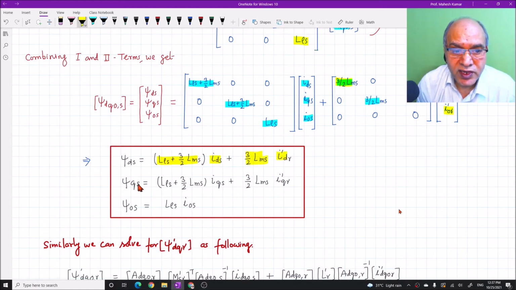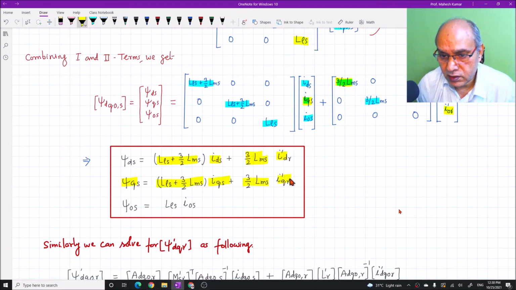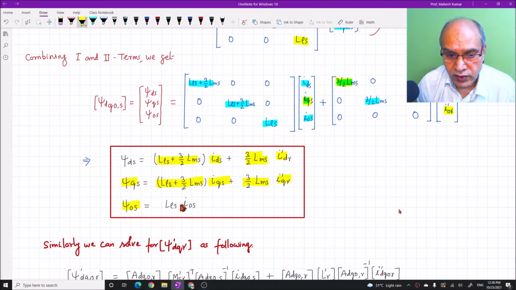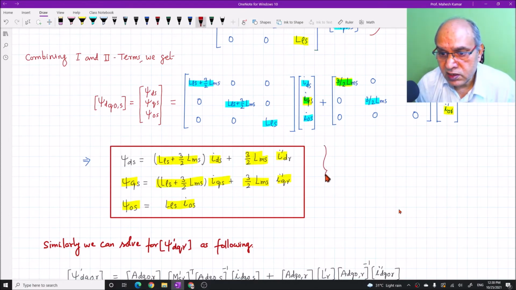And psi QS becomes LLS plus 3 by 2 LMS into IQS, plus 3 by 2 LMS into IQR dash. The third term is psi 0s, LLS into I0s. There is no other term for this. So these are the expressions for the flux linkages on the stator side.